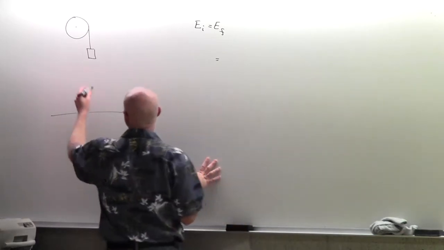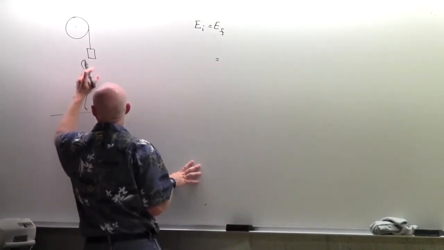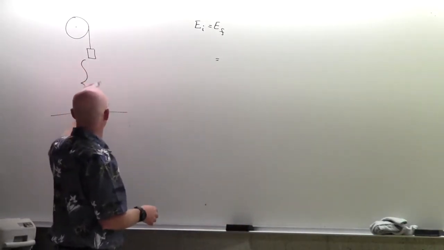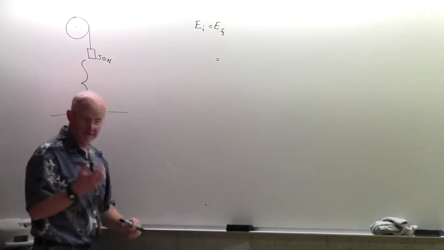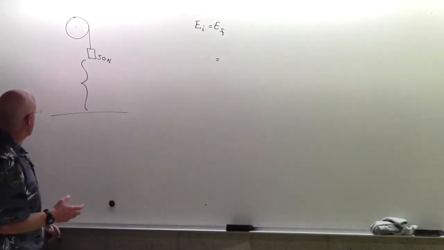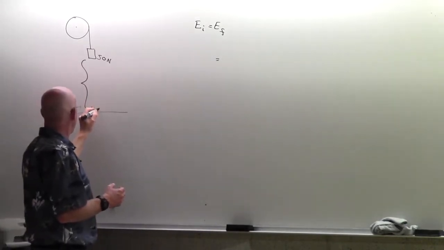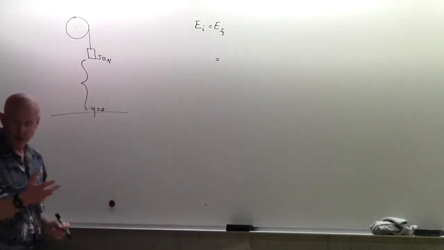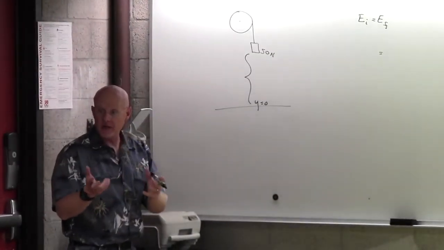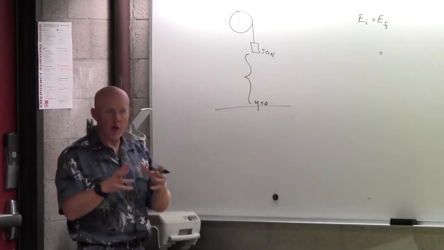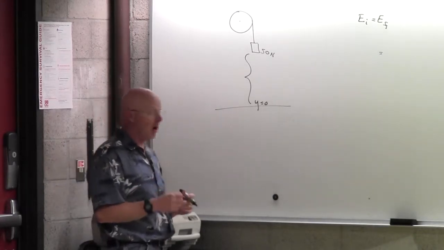And at least for this object, the one that moves in a linear motion, the one that I called object number 2, the one that weighs 50 newtons, this one, why don't I call the ground y equals 0? And maybe I should say it again, right? This is where you have that freedom of choice. You can call y equal to 0 anywhere you want.